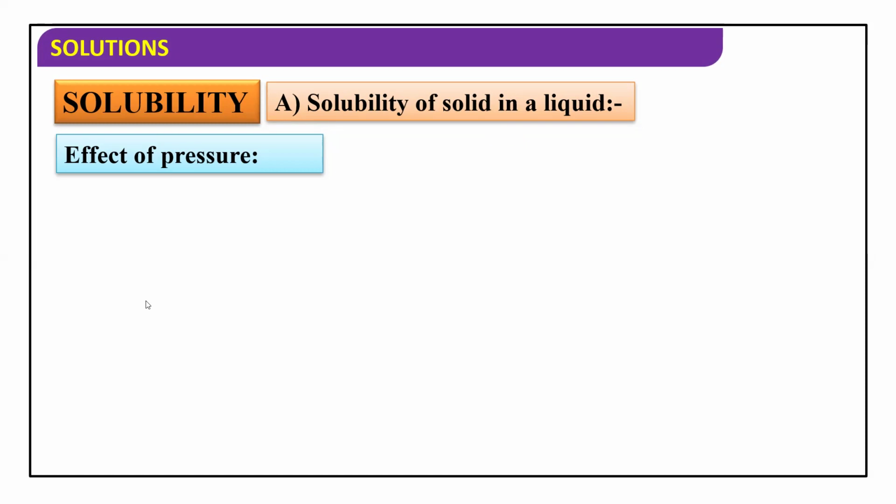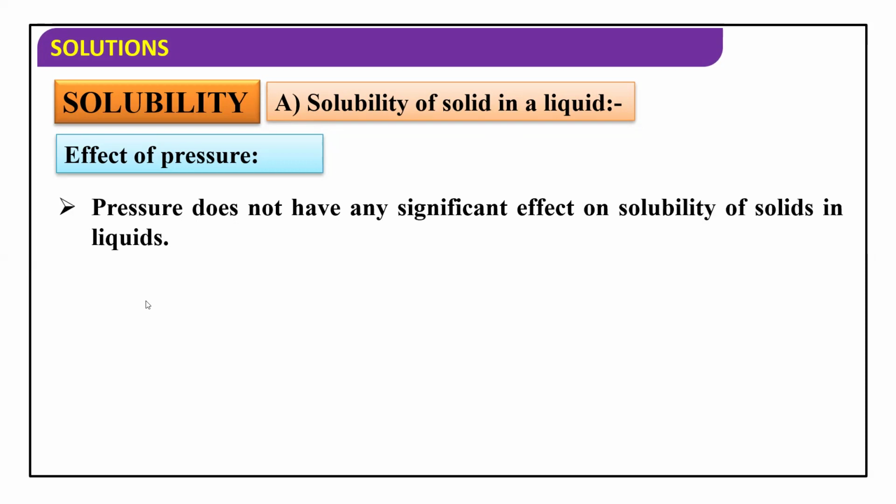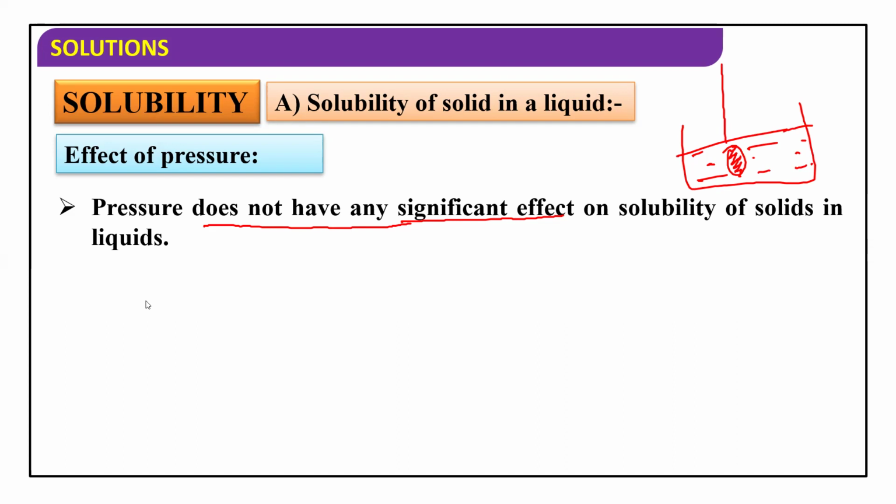Coming to the fourth factor, effect of pressure. Pressure does not have any significant effect on the solubility of solid and liquid. Because if I have a liquid in a container and I add a solid in this container, and if I try to give pressure here, will there be any change?